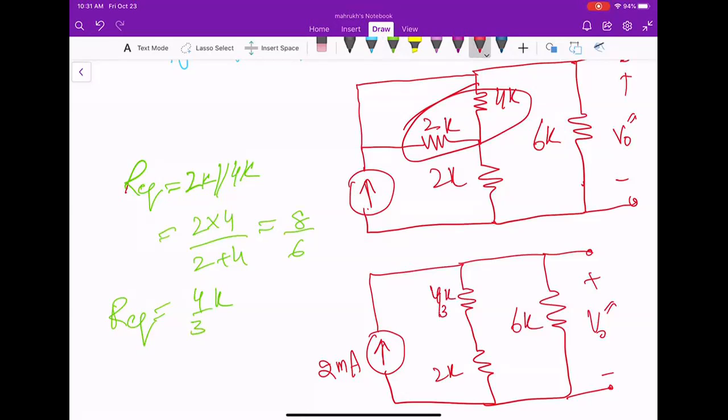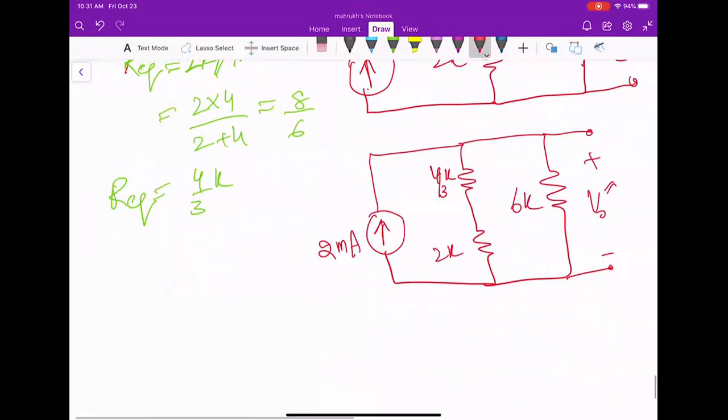So to find V naught double dash, what I will do is I can find the current in that branch, which I can do by applying the voltage divider rule.